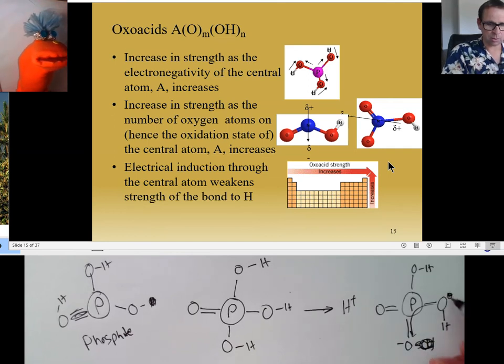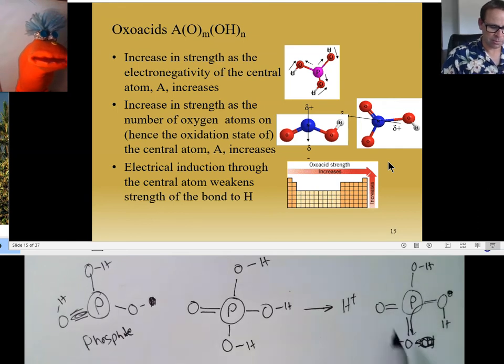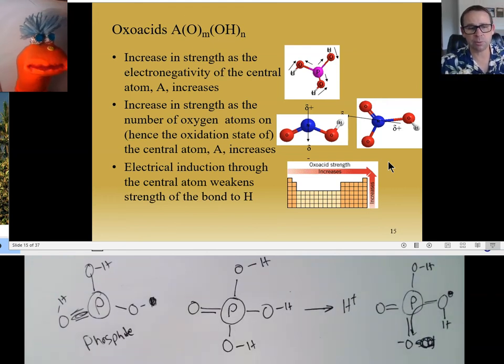So it's kind of like a way of creating one of its resonance structures that can maintain electron density over here. And if you have more oxygens on the outside, you have more spots where that negative electron density can go. Therefore, you can stabilize that resulting negative charge easier.